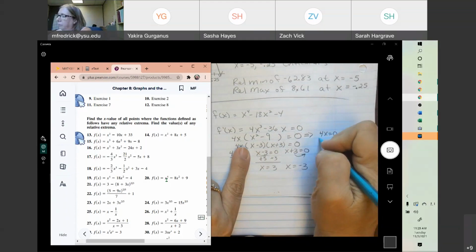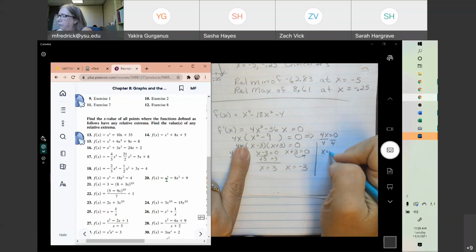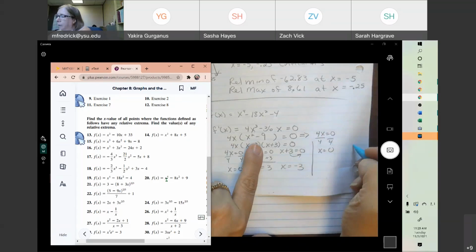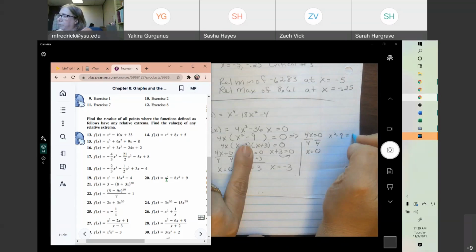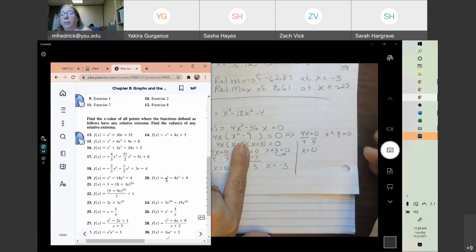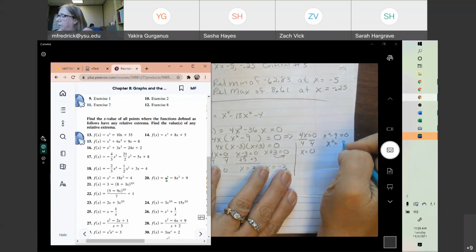What you could have done instead of factoring here, you could have put the 4x equal to 0, which gives us 0, and then x squared minus 9 equals 0. You could solve by the square root method. Add the 9 over, and then take the square root of both sides.